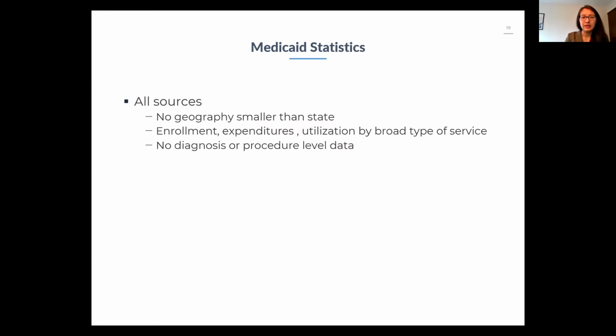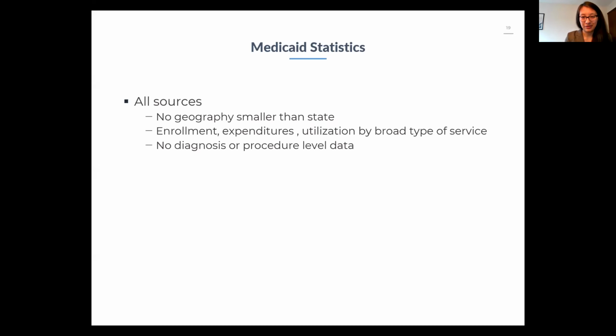In general, if you're finding any summary statistics on Medicaid from CMS, it will include limited geographic information. It may summarize something at the state level, but you're not going to get county detail. Any national resource, again, would have to summarize state information to match national coverage. So the nuances of state-specific enrollment and utilization are lost.